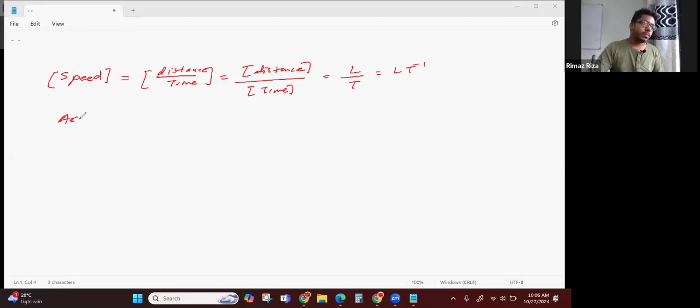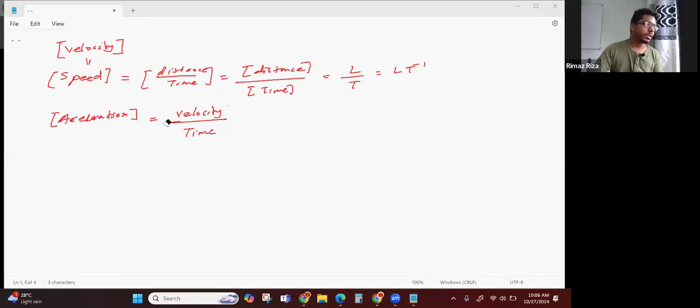And acceleration is equal to speed, velocity, divided by time. Here speed and velocity have the same dimension. And acceleration is velocity divided by time.